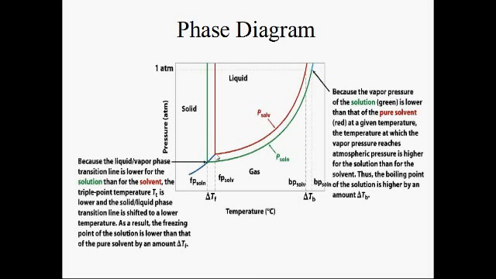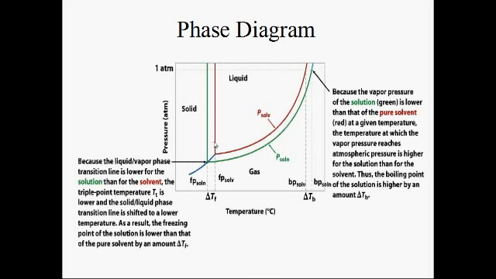Near the freezing point, we're showing the triple point here. At the triple point, as we lower the vapor pressure of the solution, the triple point gets lowered also. This isn't actually the freezing point here, but representative of it. So as we lower the triple point here, we're shifting the solid-liquid line toward the left.